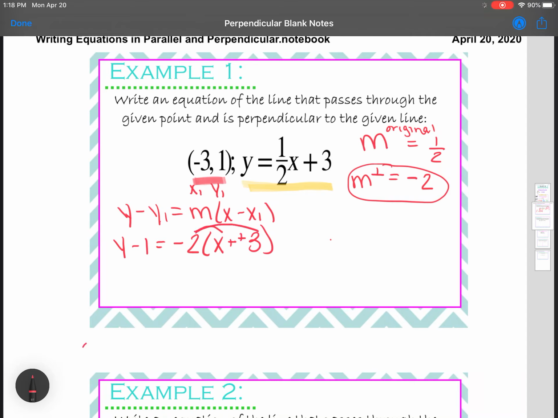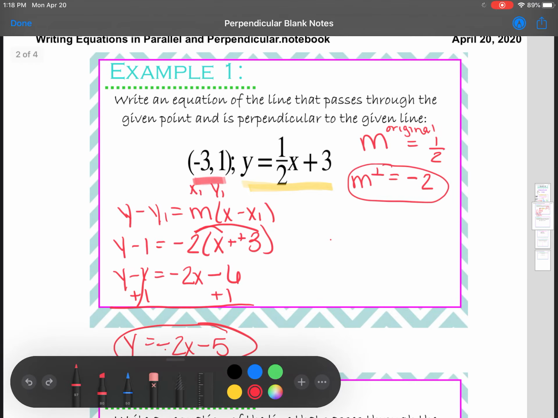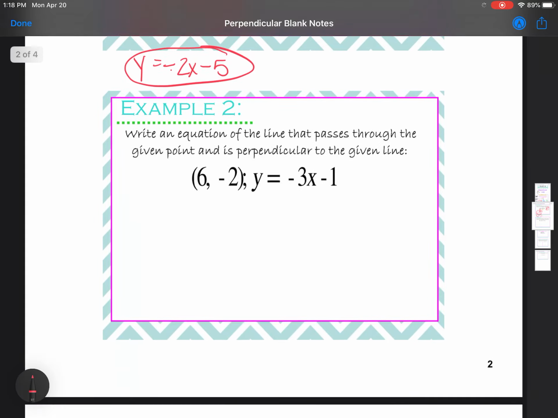I am going to distribute my slope. -2 times x, -2x. -2 times +3, -6. And my last step is I'm going to add 1 to both sides. So y equals -2x, -6 plus 1 is -5. So I'll know if they're perpendicular so long as this is the negative reciprocal of my original, and it is.